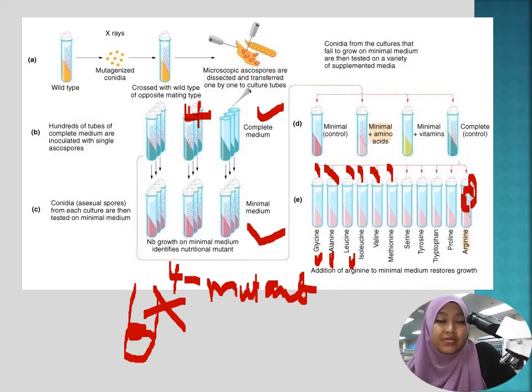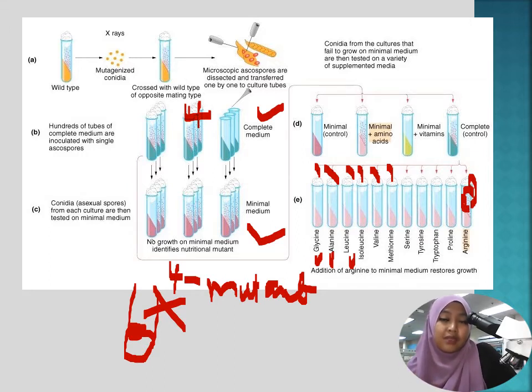So meaning that the hypothesis from Beadle and Tatum is accepted. If one particular gene on a certain chromosome has been deleted or mutated, the mutant cannot synthesize a certain protein.